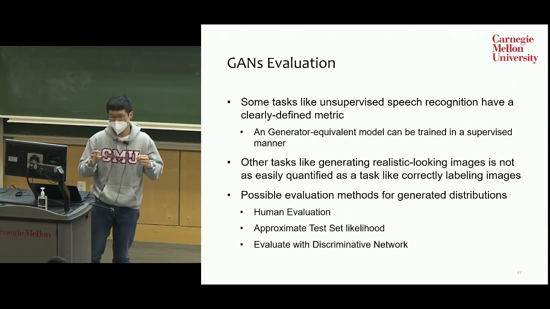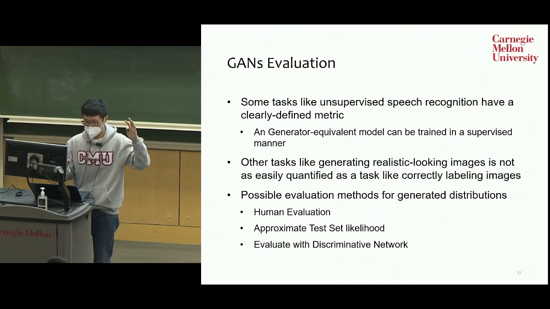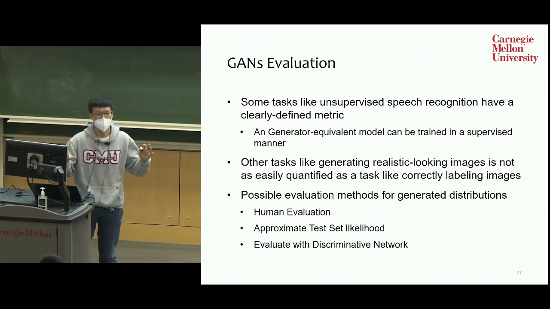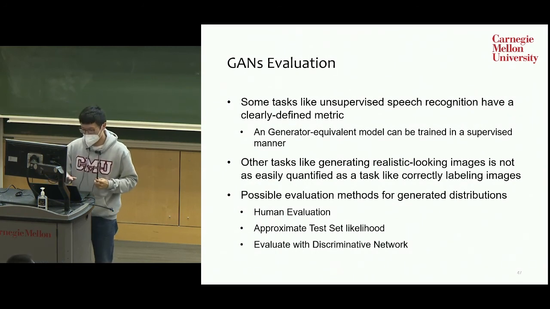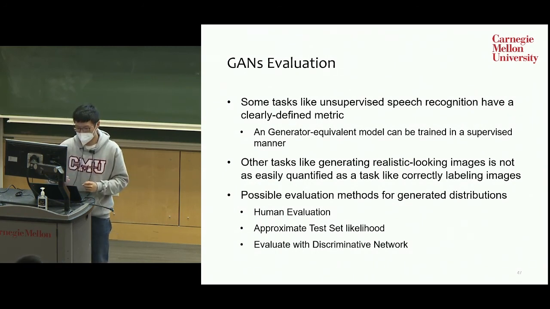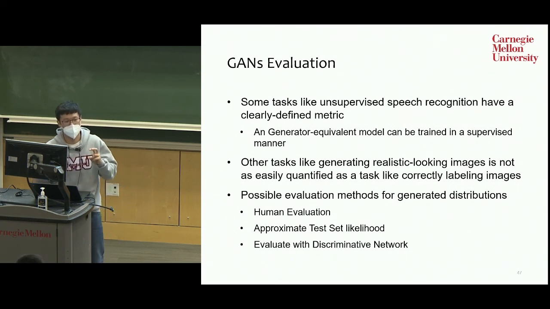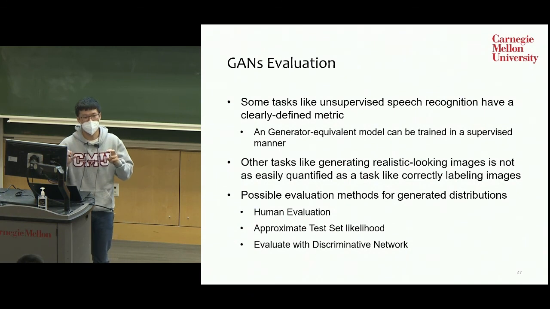Instead of mapping the input to the output labels directly, you try to make the generator generate a similar distribution as the output labels. But in this case, you have label data, so you should be able to define metrics.